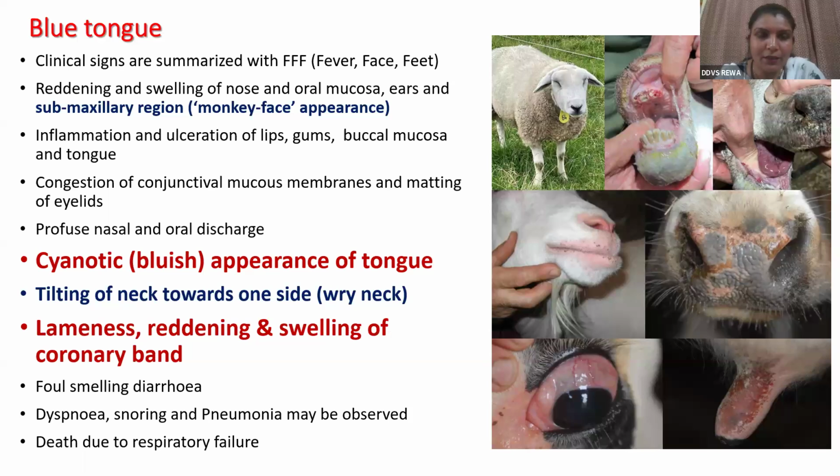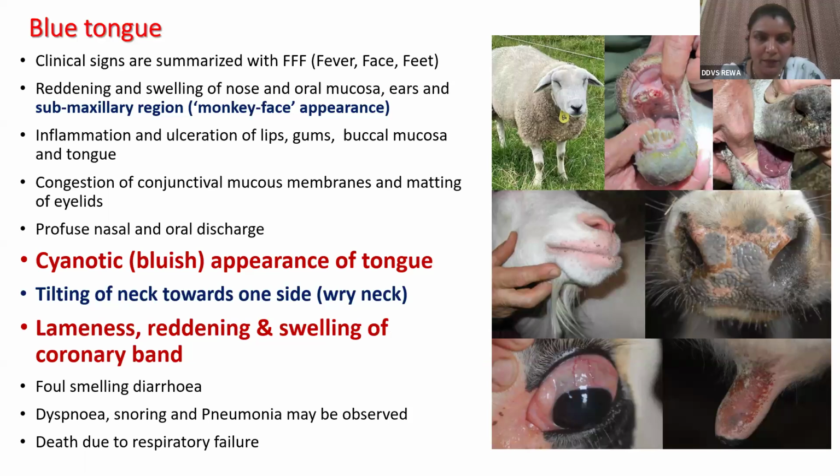Another differentiating point may be the blue tongue itself, the cyanotic or bluish appearance of the tongue. Second is the tilting of the neck towards one side, which is also seen in many blue tongue cases. Third is lameness and reddening and swelling of the coronary band.